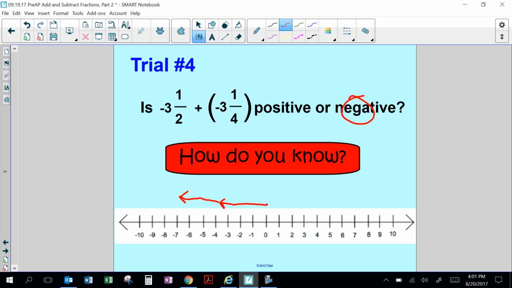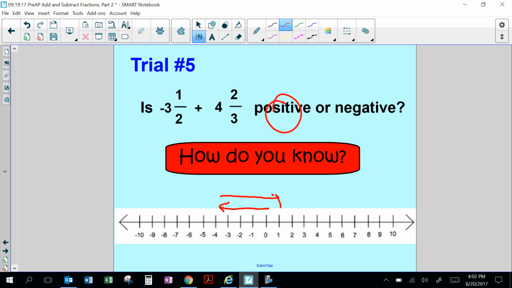We're not finding an answer yet. We're just practicing positive, negative. The last trial is -3 1/2 plus 4 2/3, positive or negative? So if you start at 0 and you go -3.5, but then we go 4 units to the right, that would be on the positive side.